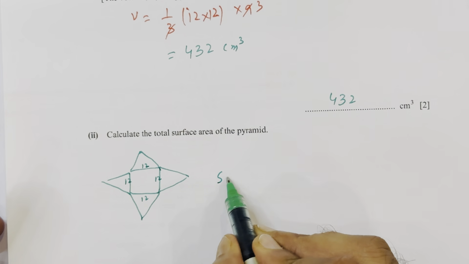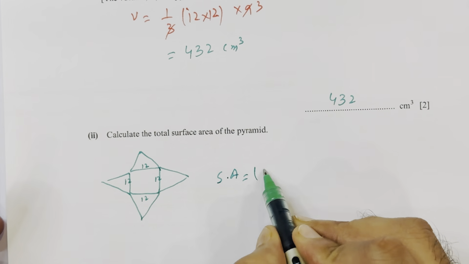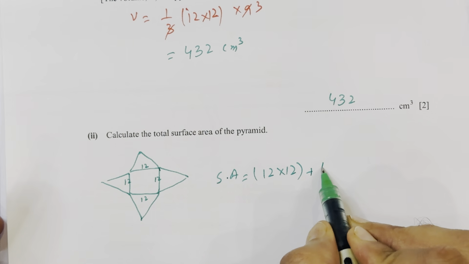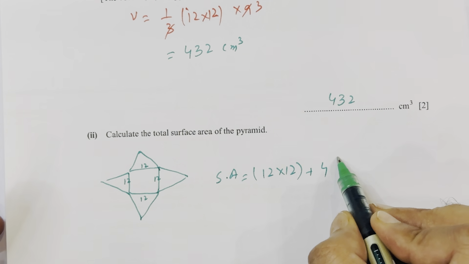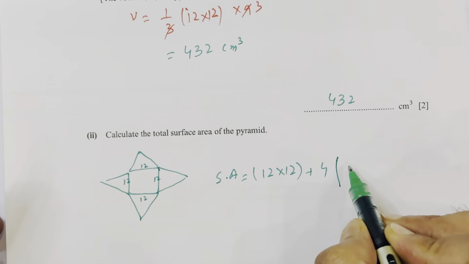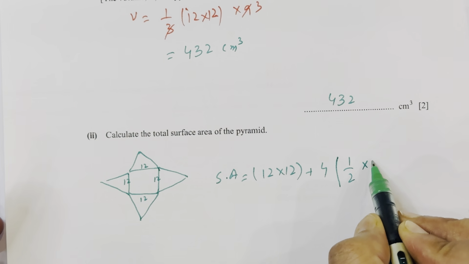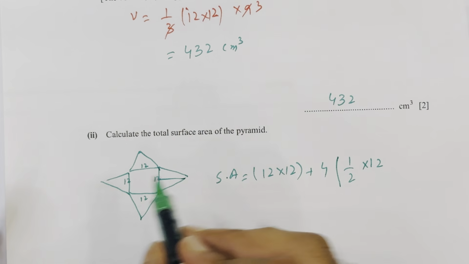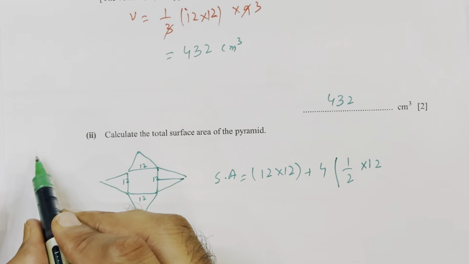So surface area would be equal to 12 into 12 and 4 triangles, so we're gonna multiply by 4. Then area of a triangle is 1 over 2, base value is 12, but we don't know the height of the triangle, so for it we have to draw the right angle triangle.